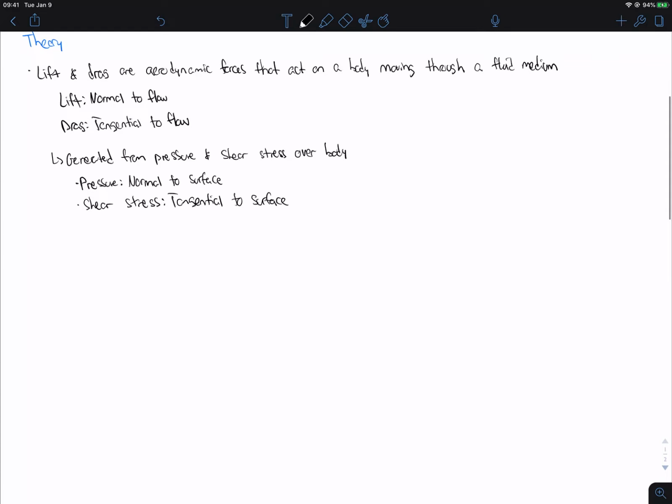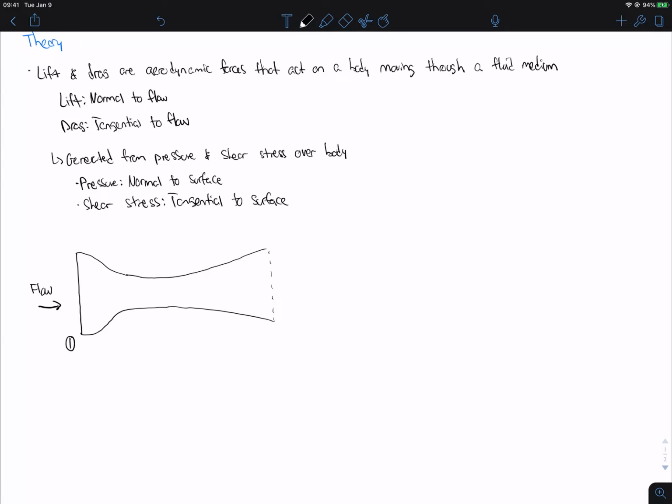Okay, so again, we're going to be using a low-speed wind tunnel, so I'll quickly draw this out right now. Okay, so it's going to look something like this. Again, it's basically one big Venturi meter that we have. So we're going to have our inlet here. We're going to have flow going into the inlet.